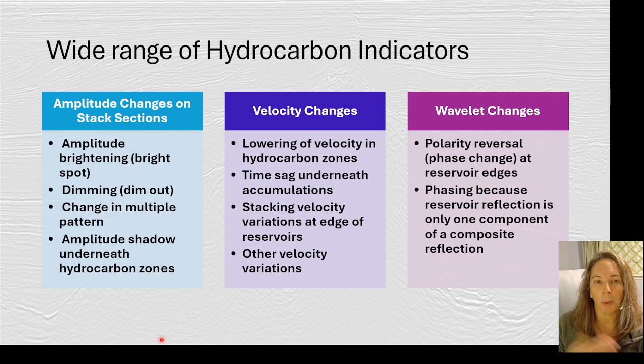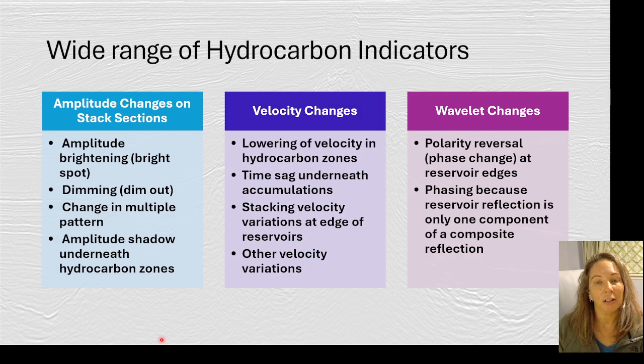And so there's a wide range of hydrocarbon indicators. I've mentioned a lot of them, from different amplitude changes on the stacked sections. You can also see amplitude shadows underneath the hydrocarbon zones. You've got different velocity changes. So we've noticed with different rock types, we often have a pull up. Well, in the case of having hydrocarbons present, you can now have a push down or kind of a sagging.